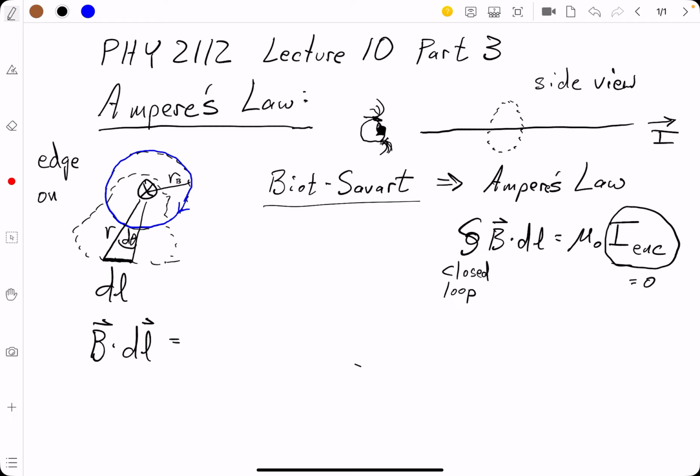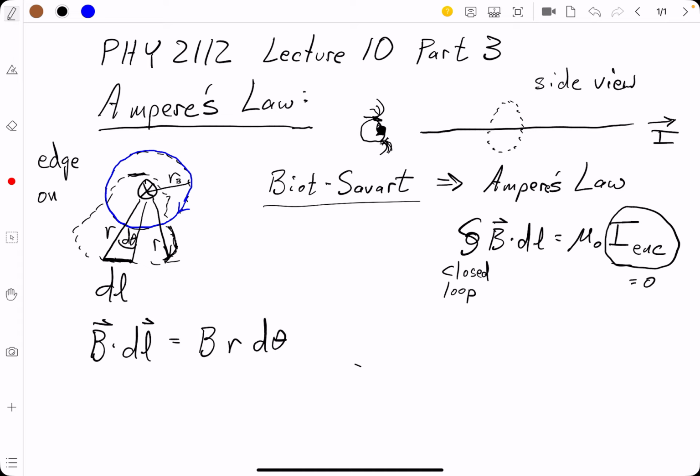That is equal to our magnetic field, which is obviously there's some magnetic field at every point, okay, along this circle that we've drawn. Our magnetic field, whatever that radius is from the center of the current to whatever point, they're all going to be some different radius. We'll just call it r. But r and then d theta.